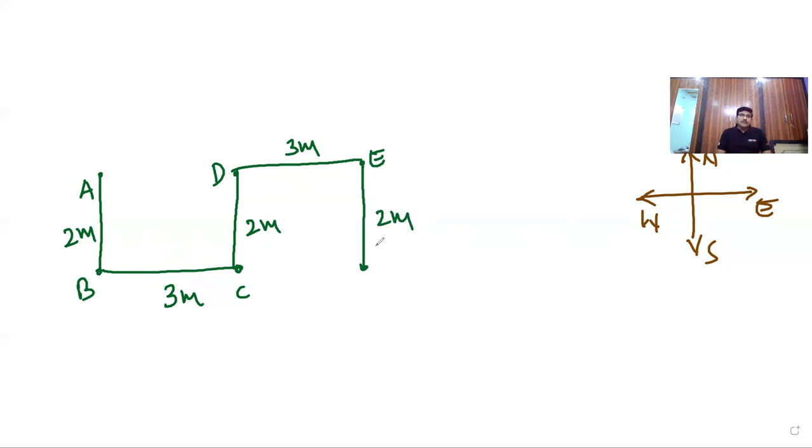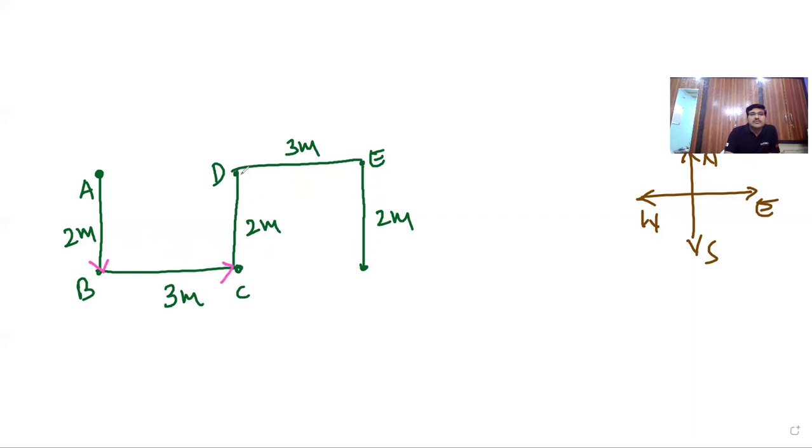Observe. So the man's initial point is at A, he is moving towards south, down. Here I am showing the direction towards south, A to B, 2 meters. Again from B to C towards east, 3 meters.